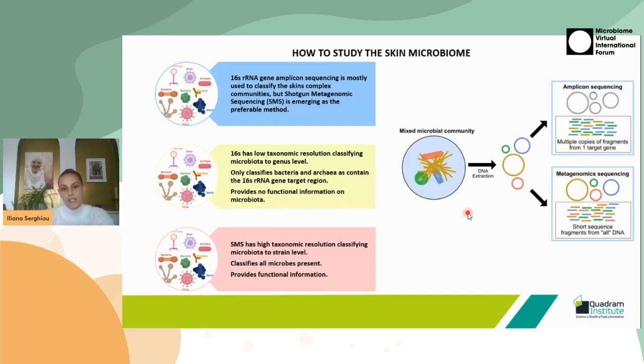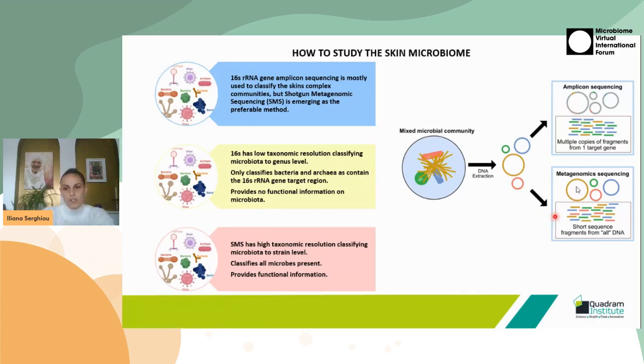It only classifies bacteria and archaea as they contain the 16S target region. It also doesn't really provide functional information on the microbiota. In comparison, shotgun metagenomic sequencing has a higher taxonomic resolution as it can classify microbiota up to strain level. It classifies all microbes present within the skin, and it can provide functional information as well.